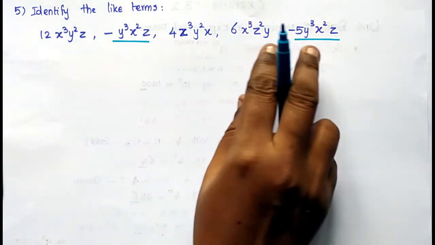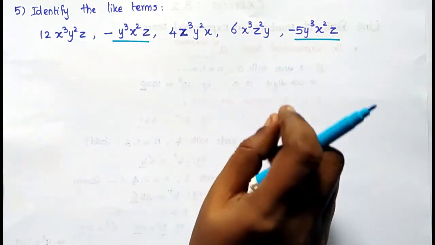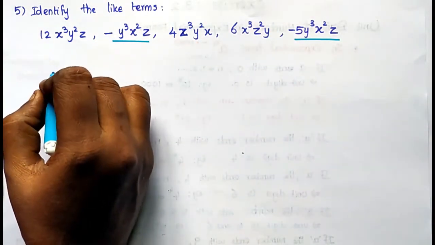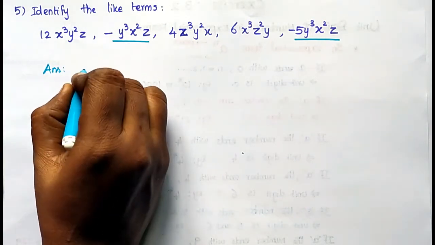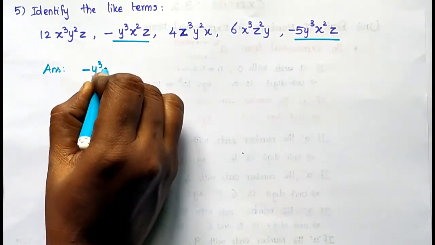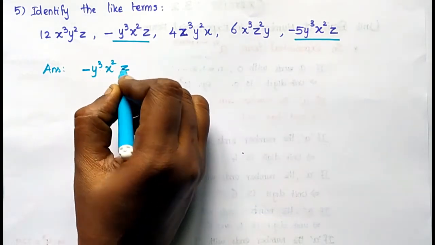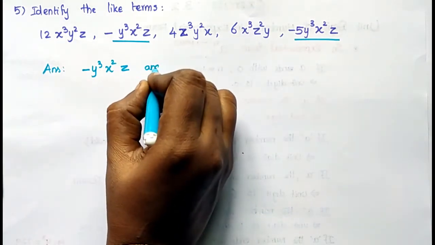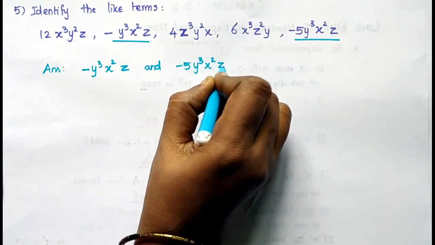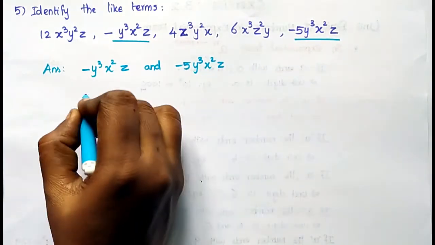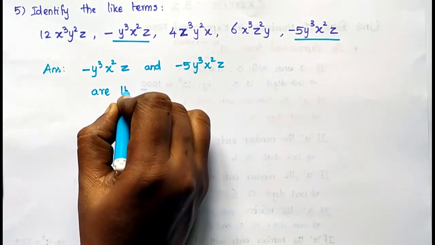So these two terms only have the same variables. Therefore, minus y cube x squared z and minus 5y cube x squared z are the like terms.